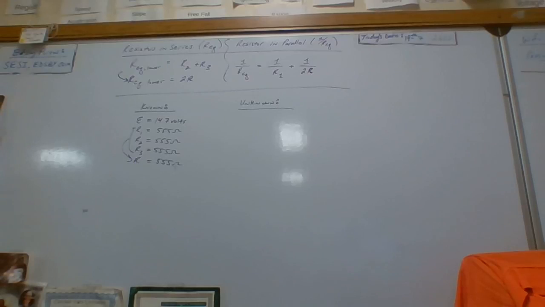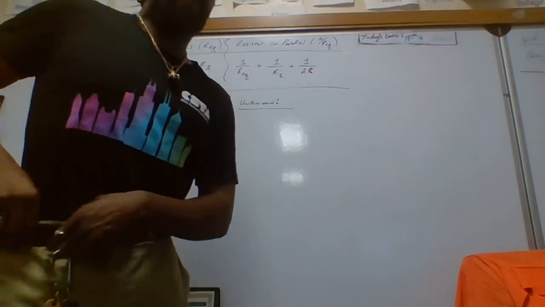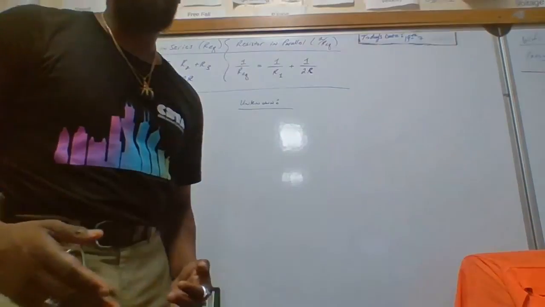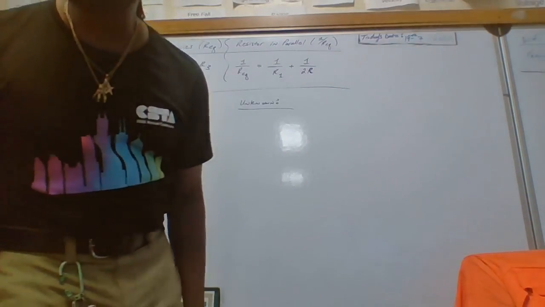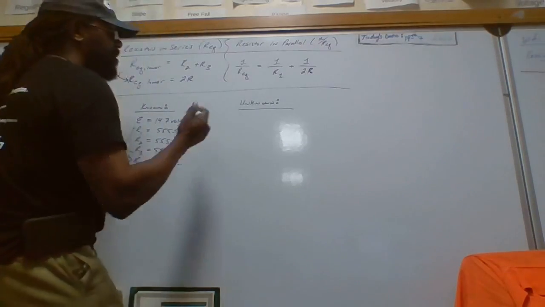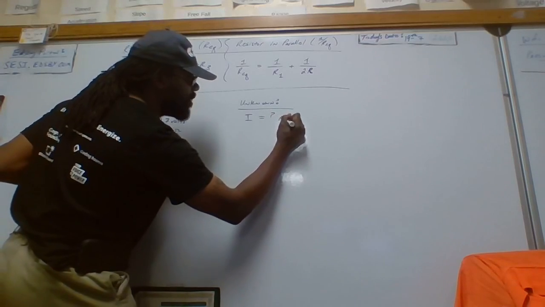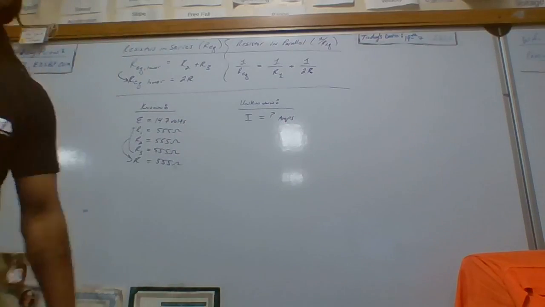If you look at the book, it'll tell you. Or you could look at the problem and it'll ask you. So in this circuit, Pearson takes electromotive forces, blah, blah, blah. You say, what? Current. So I, very good, sir, is equal to question mark, something that will be found in amps.